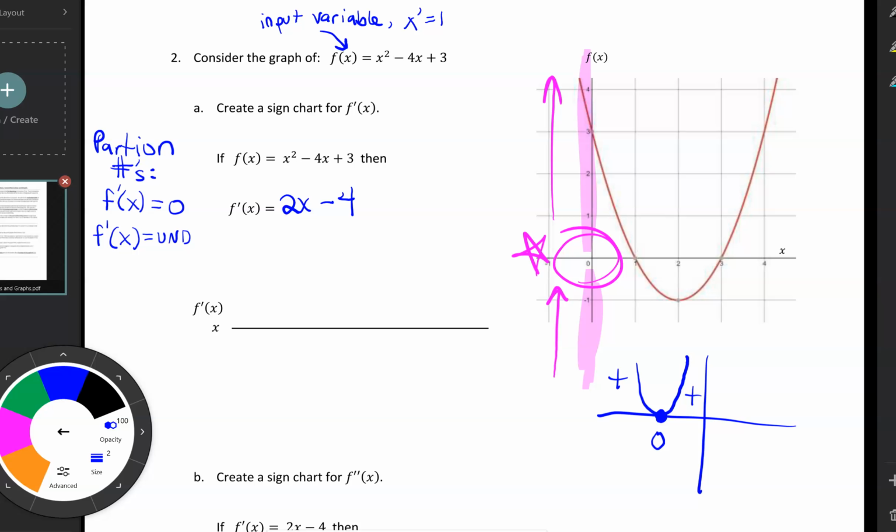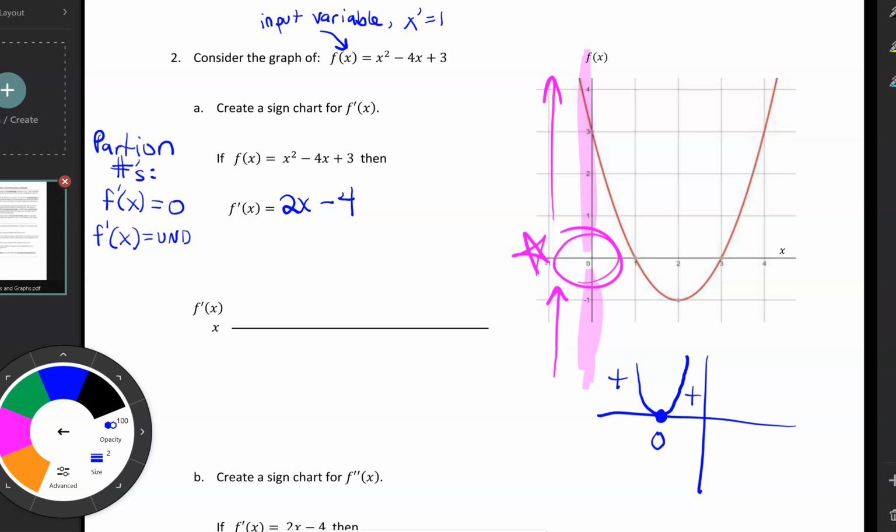And same thing can happen with numbers that are undefined. With undefined numbers, if we had something like a rational, you could have an asymptote that could create different outputs and inputs. So they're just numbers that could possibly split up positive outputs from negative outputs.